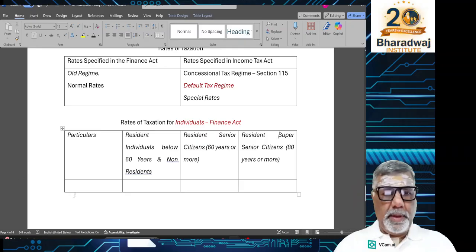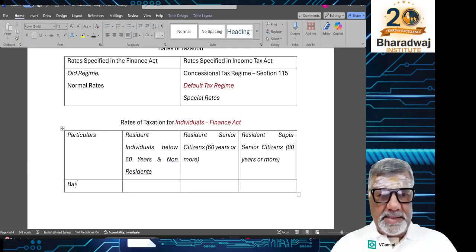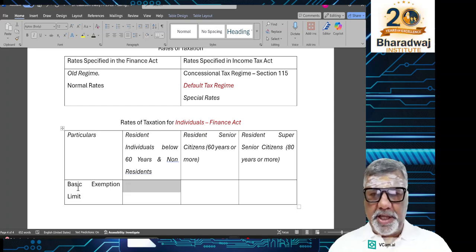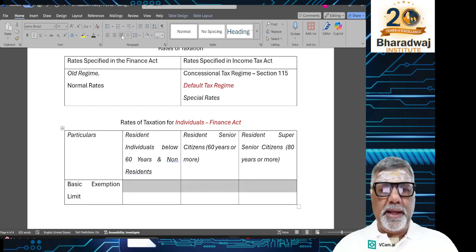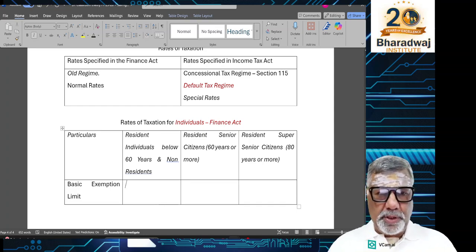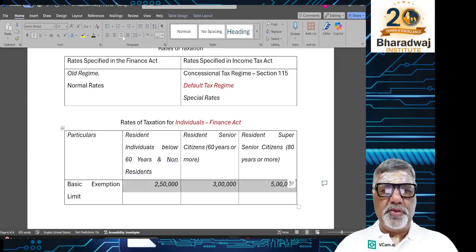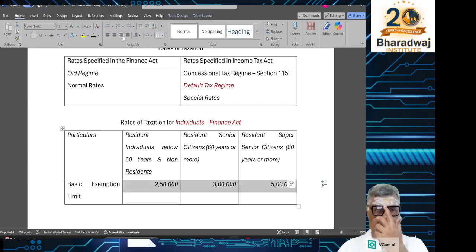Basic exemption limit is here going to be 2,50,000, 3 lakhs and 5 lakhs.